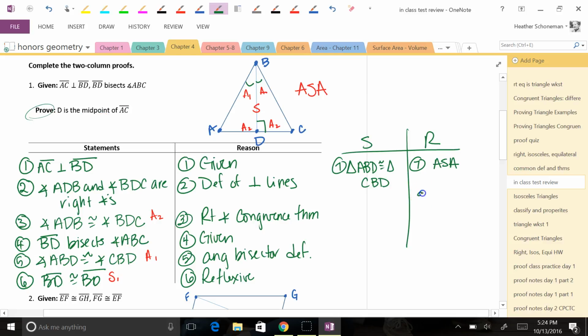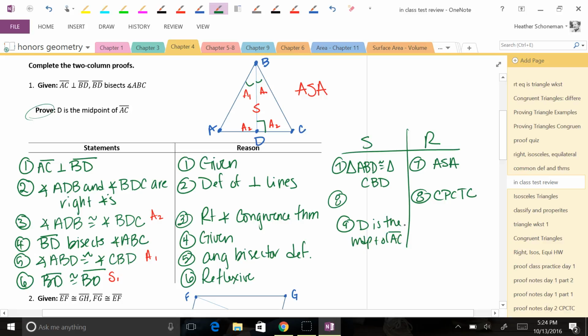Well, we know the next reason has to be CPCTC. There's no other choice. So now we've got to figure out what congruent parts we're going to match up. Since this doesn't say something is congruent to something, we're going to have a congruent statement here, and this is going to be D is the midpoint of AC.